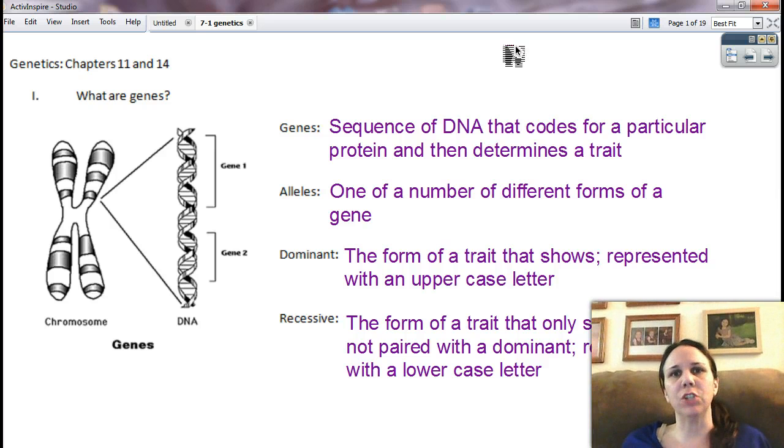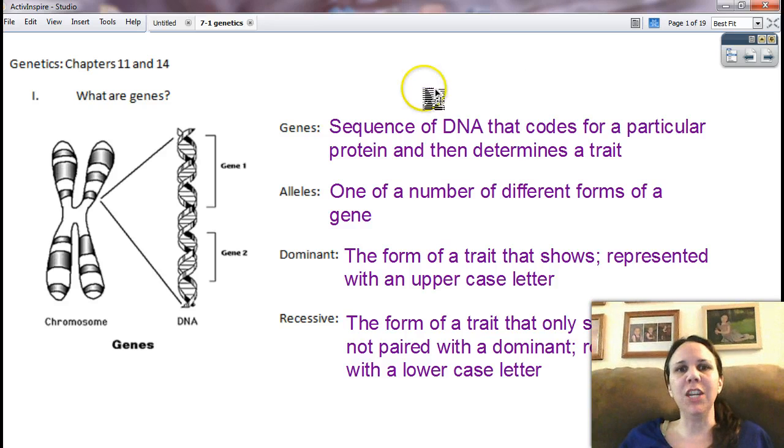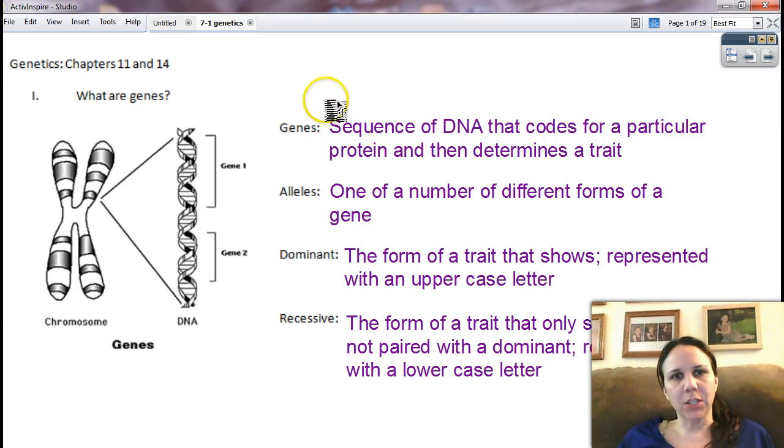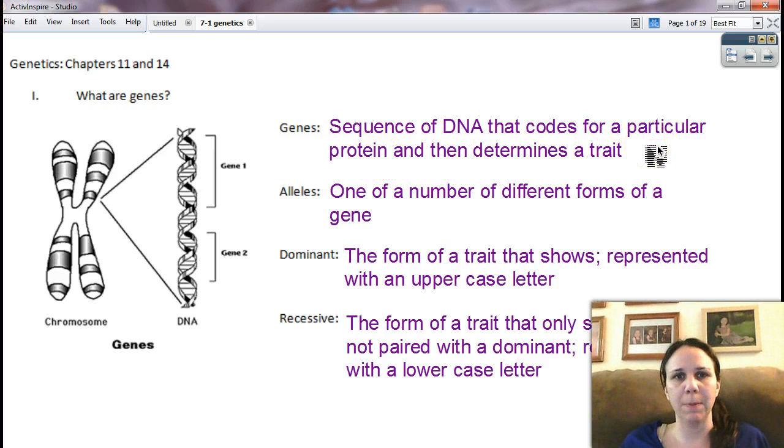And proteins determine what we look like, how we act, and what traits that we have. So a gene is kind of the important key aspect here because genes are what we're manipulating. A gene is just a sequence of DNA that codes for a particular protein and therefore determines that particular trait.